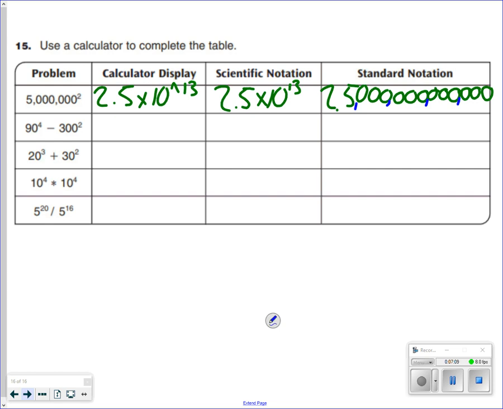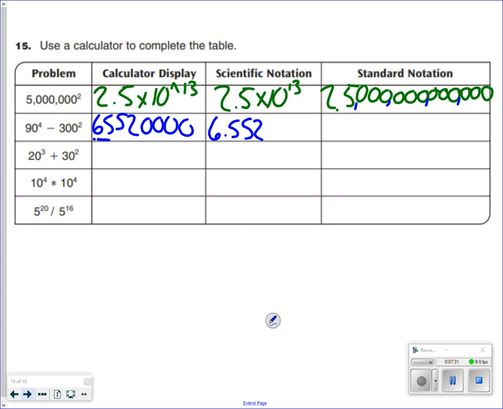This next problem, if you do 90 to the 4th power minus 300 to the 2nd power, you get an answer of 6, 5, 5, 2, 0, 0, 0, 0. How are you going to write that in scientific notation? It's 6.552, right?